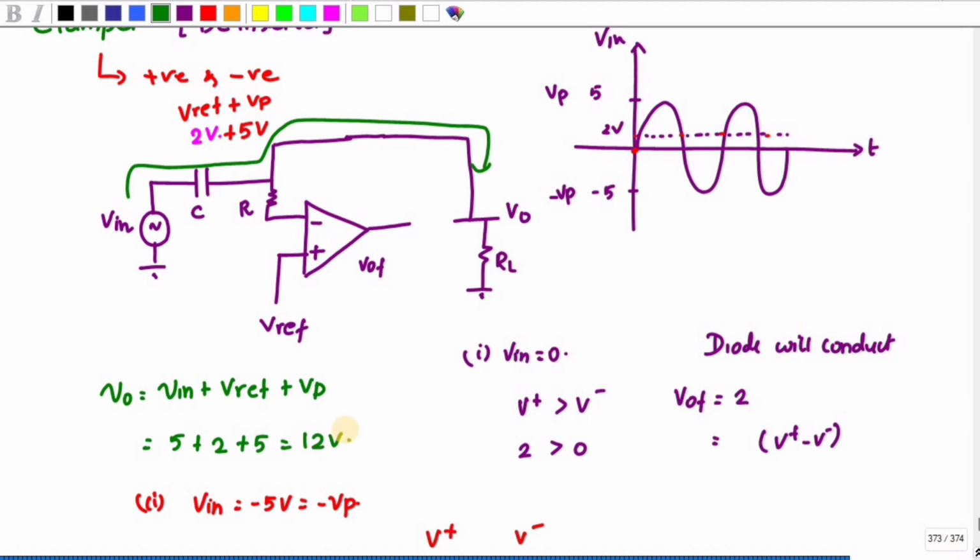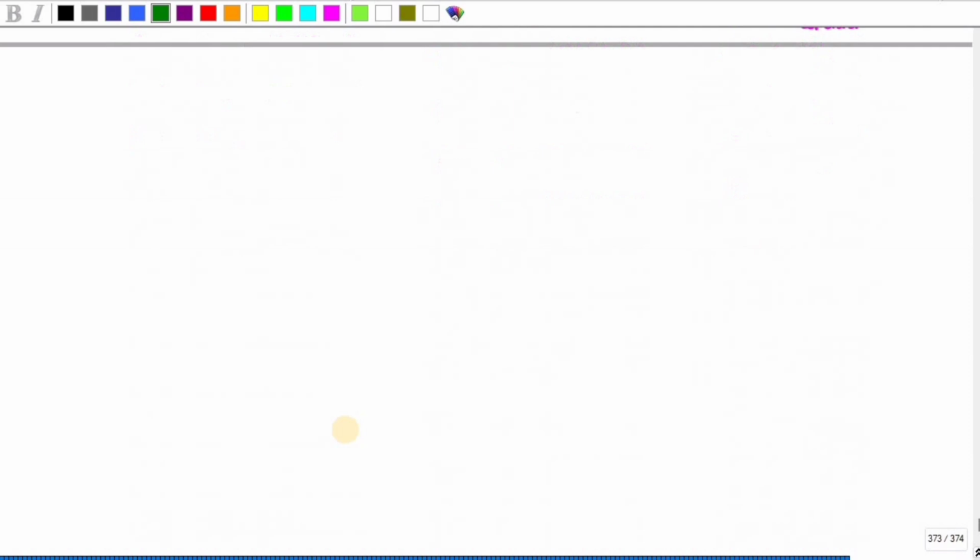During the positive half cycle, you will get the output as 12 volt.